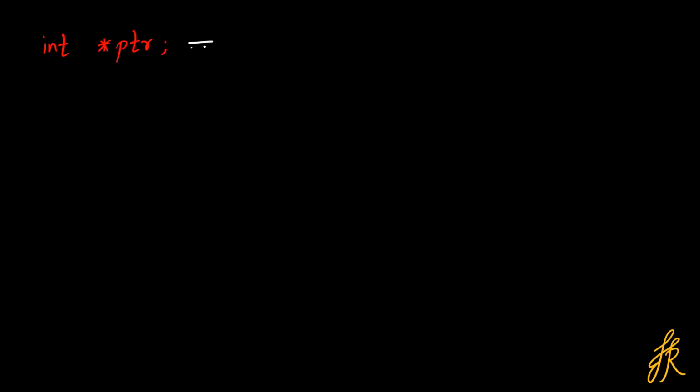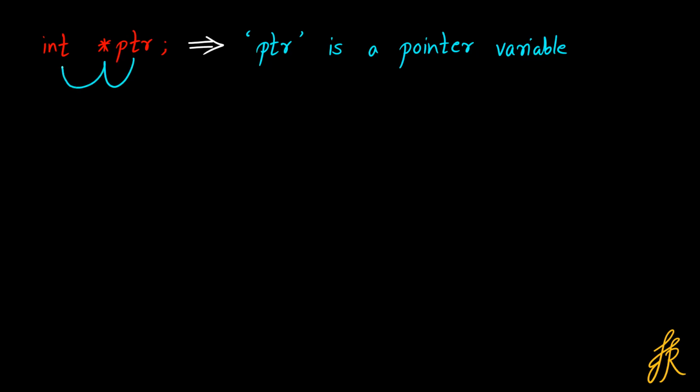So what does this indicate? Ptr is a pointer variable. Ptr is a pointer variable of type integer where we can store the address of that particular integer.